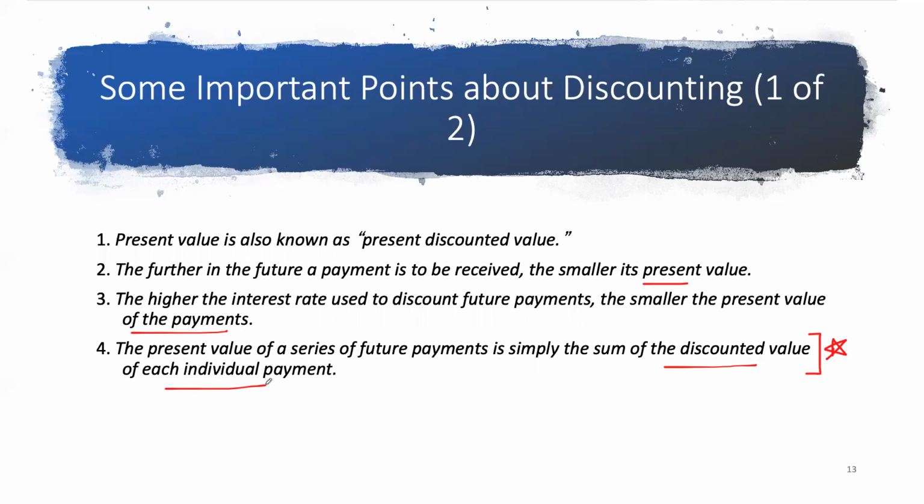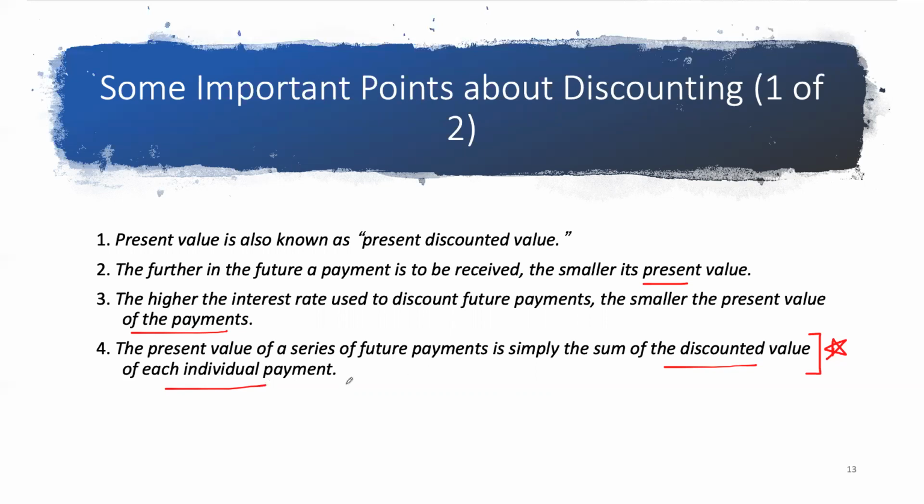So for me to figure out the fair value at which I should be willing to buy this asset today, I need to know the timing of the arrival of these cash flows and the appropriate interest rate that I use to discount them. The sum of all of that tells me how much I should be willing to pay for that asset, or for that series of cash flows, today.